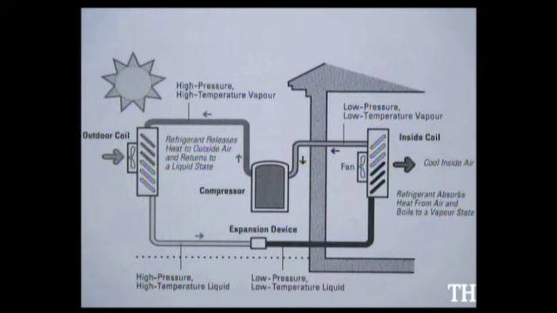Now, a heat pump works just like an AC unit in the cooling mode, but in the heating mode, it causes the refrigerant to flow backwards. It takes the heat from outside, absorbs it into the refrigerant, and then releases it from the refrigerant to the indoor air. All we're doing is using a reversing valve to reverse the positions of the flow.